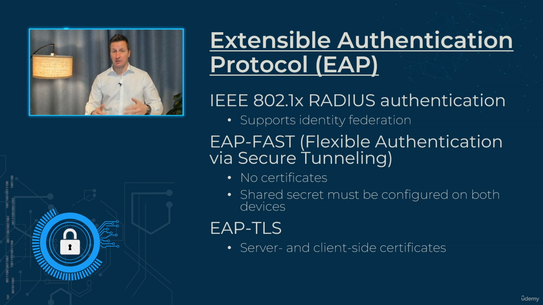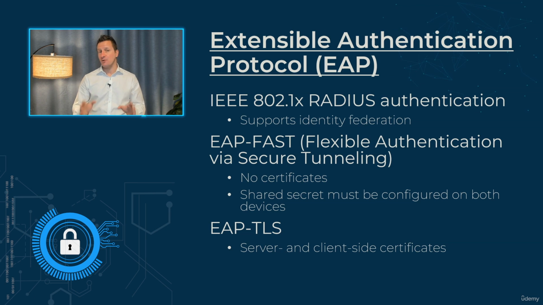Now, when we do that, there are a couple of variations like EAP-FAST. Now, EAP stands for Extensible Authentication Protocol, in case you were wondering. This means that we don't use PKI certificates for authentication. We still use a shared secret. Okay, well, is that really much better than a pre-shared key? Not much. But we also have options like EAP-TLS, Transport Layer Security.